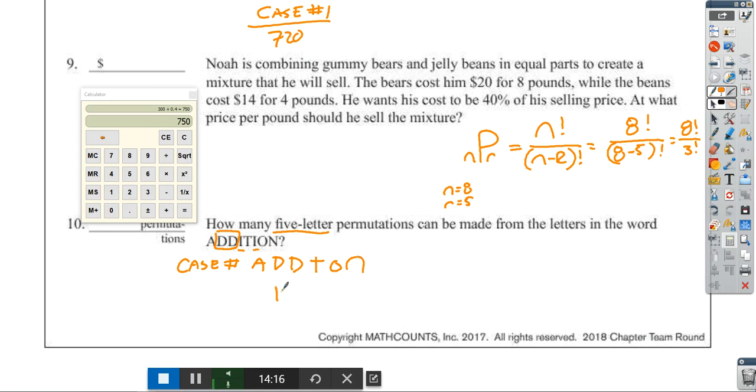And then we have no repeats for the I's. So in that case, oh, wait a second. Okay, so I'm going to get back to this problem.